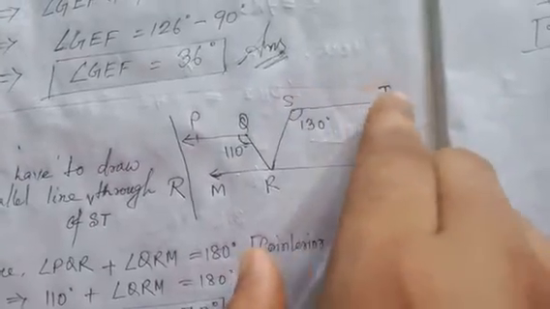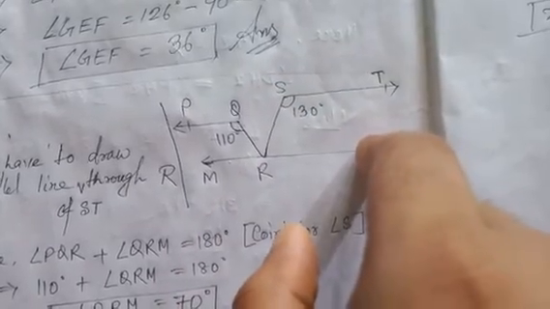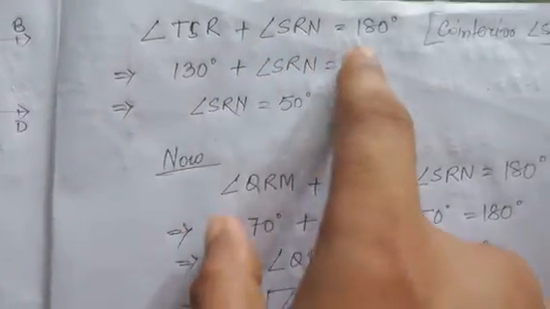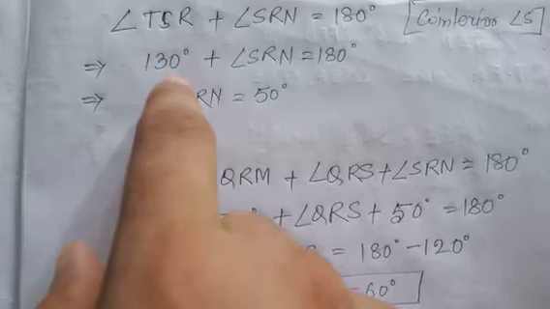And also here TSR and SRN are co-interior angles. TSR plus SRN is 180 degrees. Put the value of TSR, which is 130 degrees.